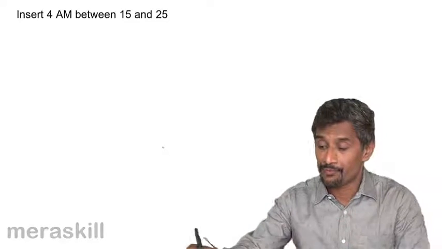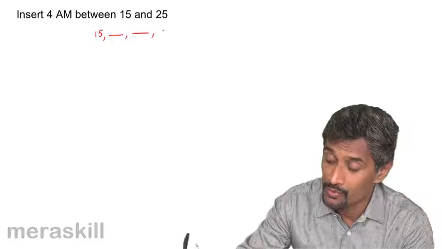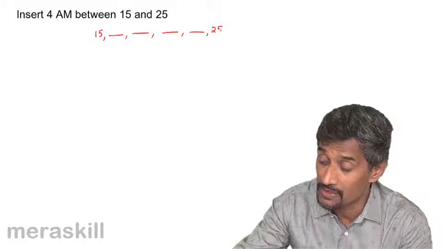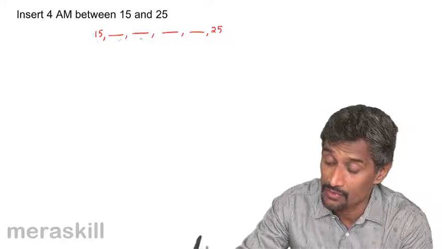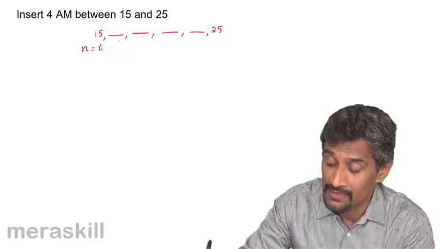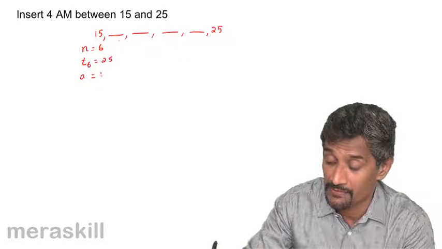Furthermore, say for example, insert 4 AMs between 15 and 25. So we have 15, then 1, 2, 3, 4 we need to introduce, and the last term is 25. So if you see, there are 1, 2, 3, 4, 5, 6. So N is 6 and T6 is 25. The first term A is 15.